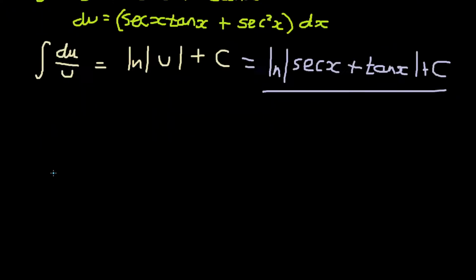The next method is going to be the method I actually used to first integrate this function. Let's start off, let's rewrite the integral of secant x dx. Of course, secant x is just 1 over the cosine of x with respect to x.